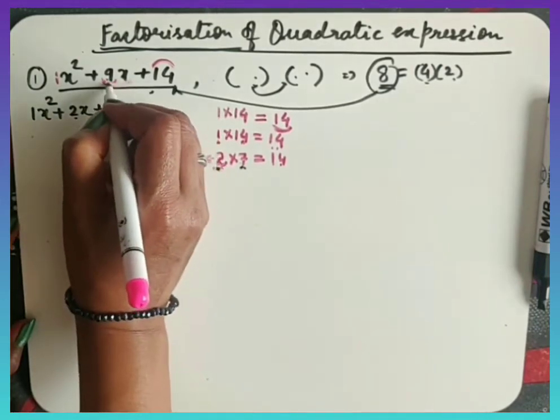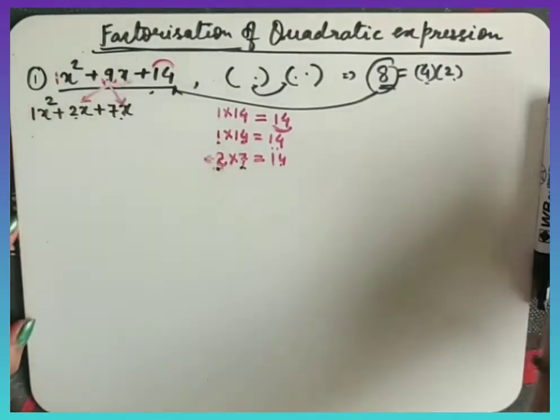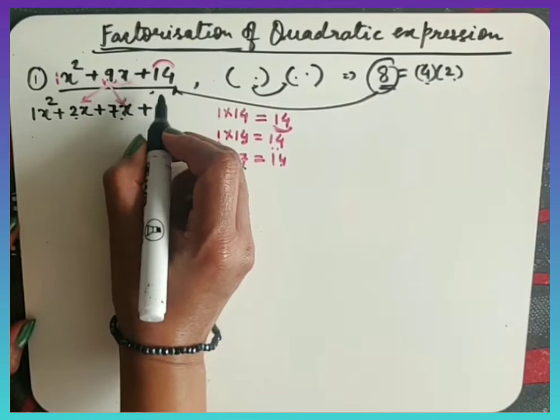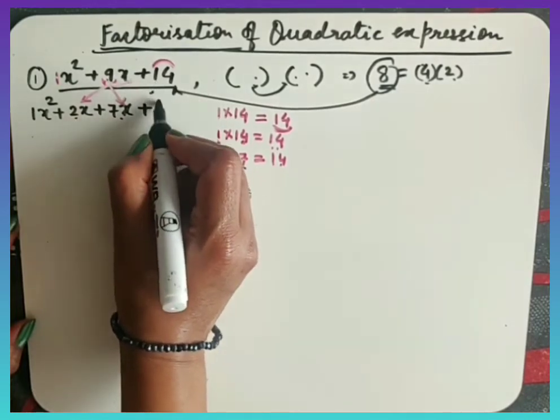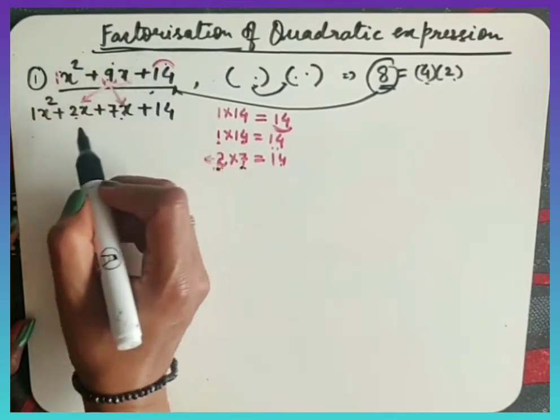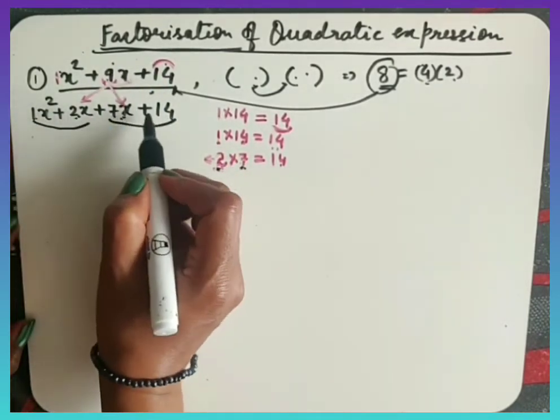So this way I broke it into two parts. And now write down the next term, 14. Here are the first, second and third terms, and I broke this into 4 terms: 1, 2, 3, 4.